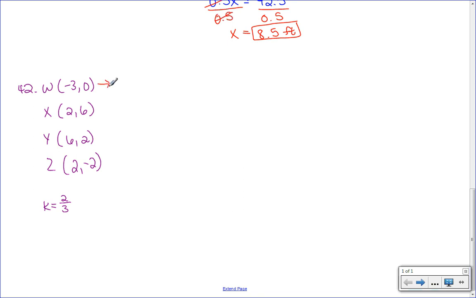So we'll take the original coordinates of W, and to create W prime, we want to multiply 2/3 times -3, and 2/3 times 0.